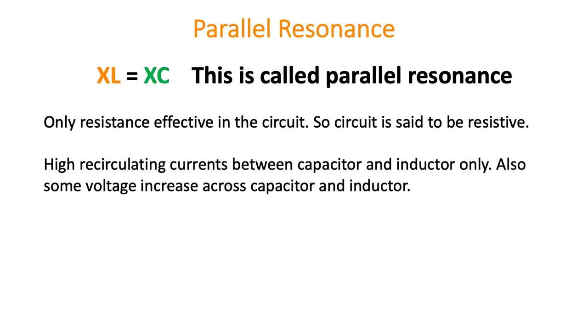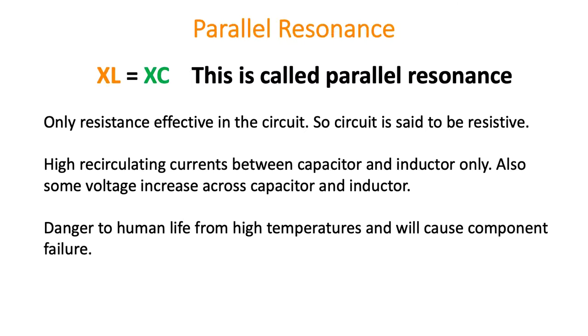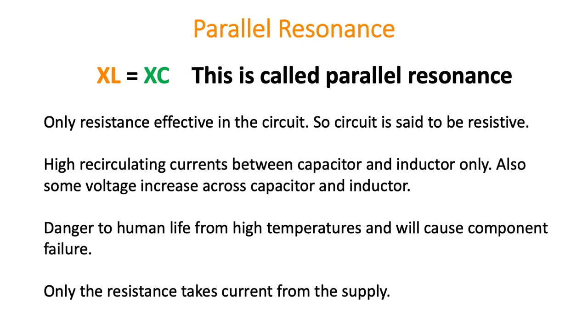You get some small voltage increase across the capacitor and the inductor caused by the internal resistance of the inductor and the high currents flowing backwards and forwards. There's danger to human life from high temperatures, and also the high temperatures may cause component failure. Only the resistance at the end of the day takes any current from the supply.